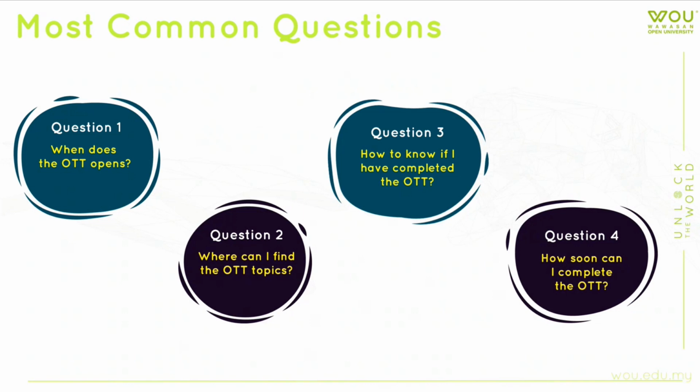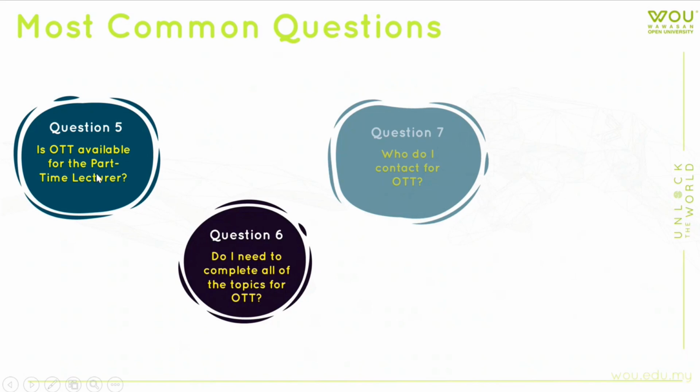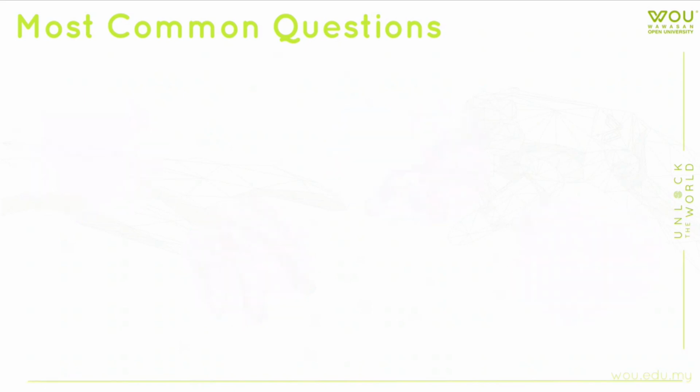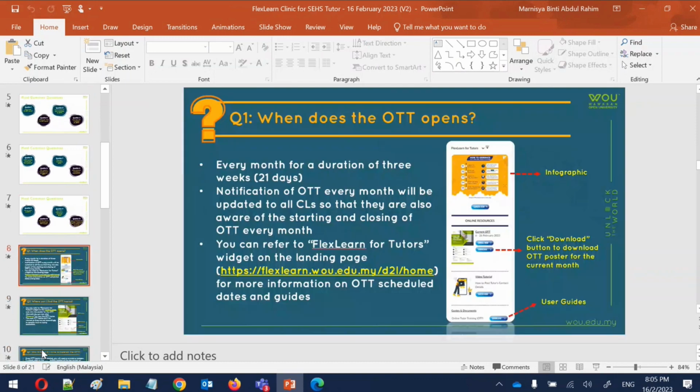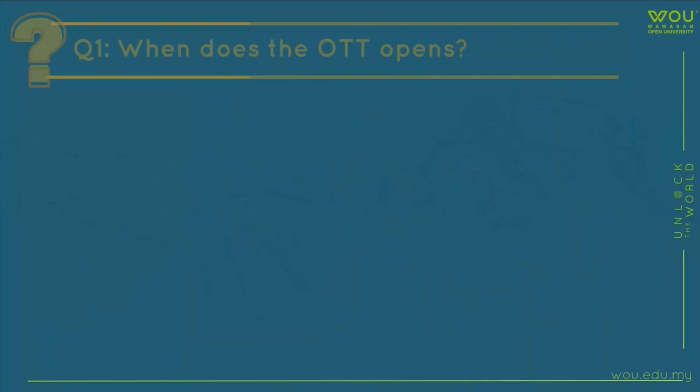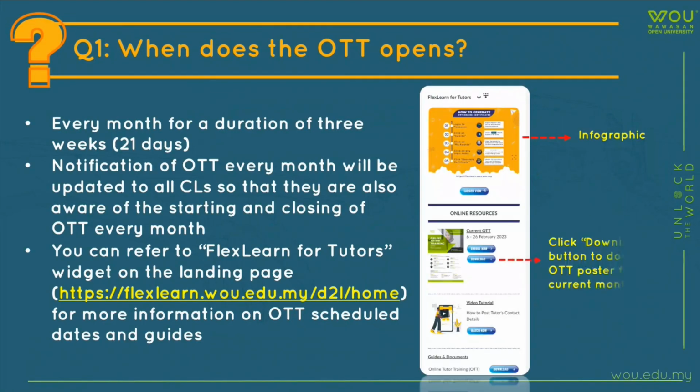So to answer that, we are going to look at this. Normally the OTT is offered every month, in the duration of 3 weeks, so 21 days.